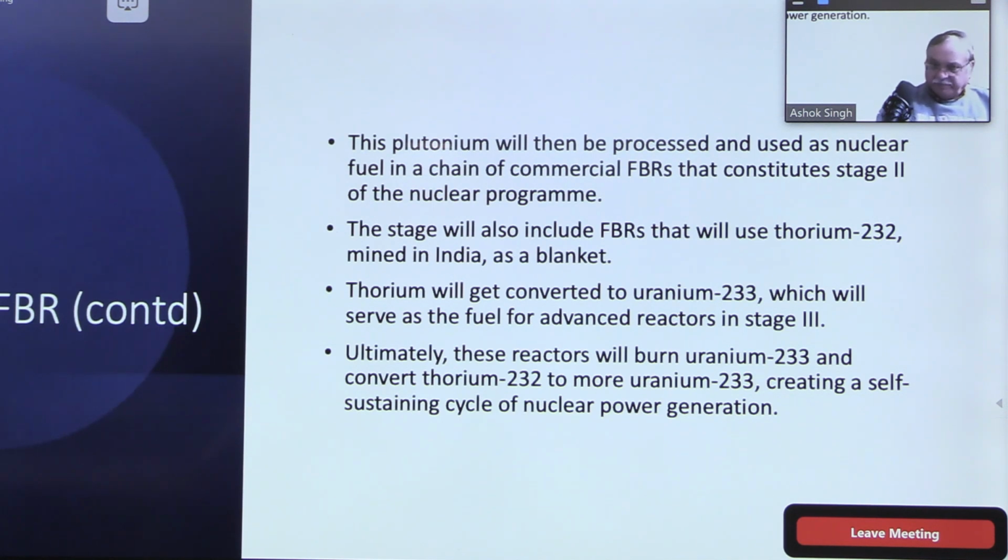Thirdly, this will help India develop a stock of uranium-233, which can then be used in the future third stage of the nuclear program, based on thorium.